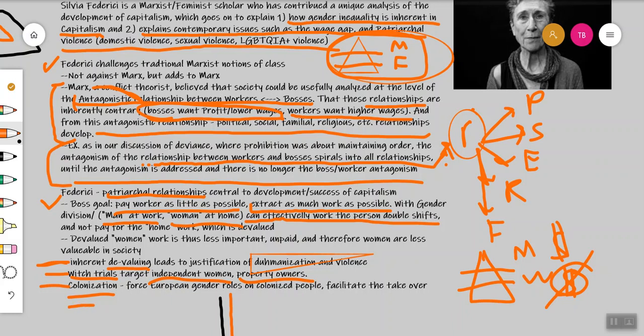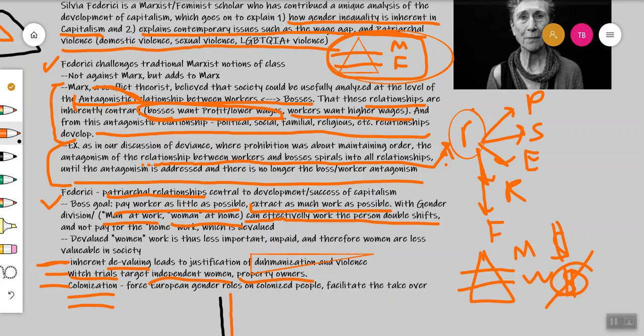And Federici also connects this to colonization. As a part of moving into the Americas, bringing this European style of capitalism and production necessitated the destruction of any other form of gender relationships. Especially matrilineal or matriarchal societies, those would be a threat to the capitalist patriarchal structure.